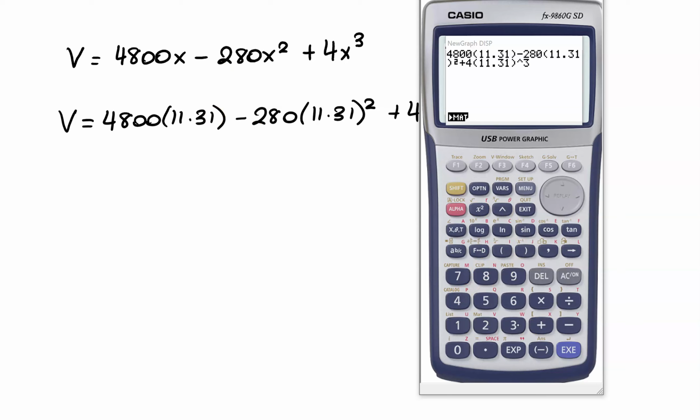Make sure you put those brackets correctly so you get the right value. Sometimes it's good to do each bit at a time just to be safe, but I'm pretty sure I've got my brackets correct. So I've got 24,258.42, rounded to 2dp, centimeters cubed.